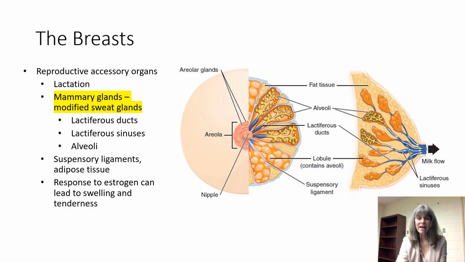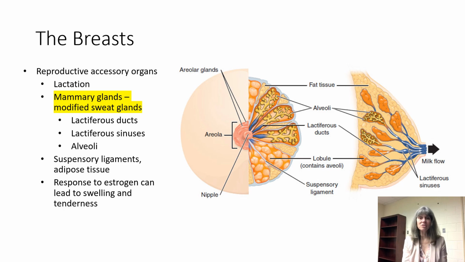Now, you'll notice that if we look at the picture on the left, you'll see that there is a pigmented area surrounding the nipple, which is also pigmented, and that area is known as the areola. The breasts also have suspensory ligaments and adipose connective tissue, and in response to estrogen, that can cause the breasts to swell and become tender.